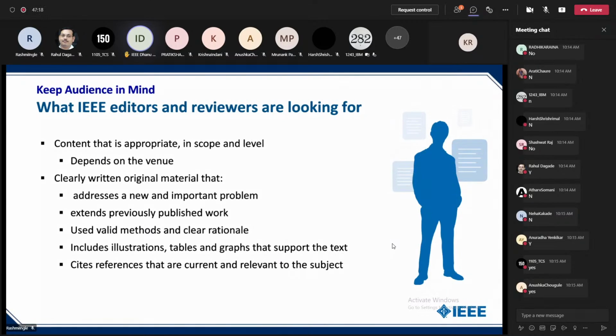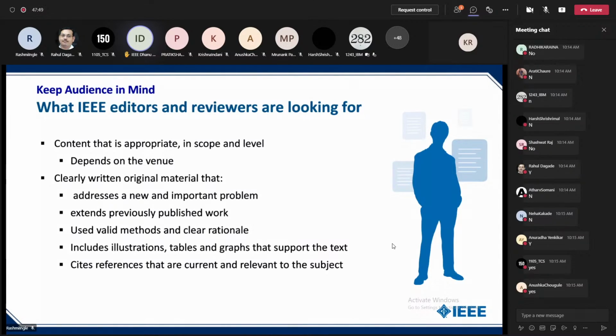Is this article within the scope? For example, you cannot send an article written on brain to a journal which talks about power and energy, unless it is somewhere interdisciplinary. We also expect the reviewers look for original material, distinguished from the previous version, which is brand new, which is novel, and also it should be addressing a new and important problem.